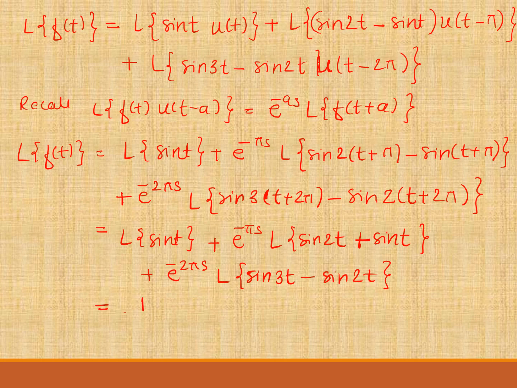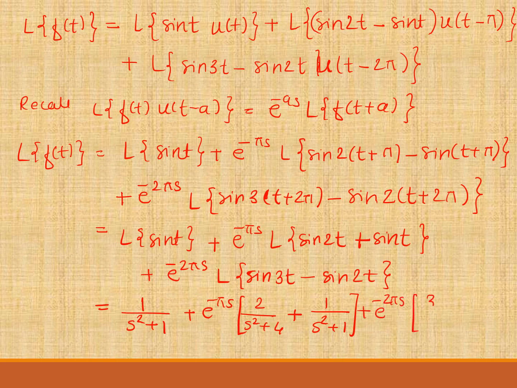So Laplace of sin t is 1 upon s square plus 1, plus e raised to power minus pi s in bracket, Laplace of sin 2t is 2 upon s square plus 4, plus Laplace of sin t is 1 upon s square plus 1, plus e raised to power minus 2 pi s common, Laplace of sin 3t is 3 upon s square plus 9, and Laplace of sin 2t is 2 upon s square plus 4.